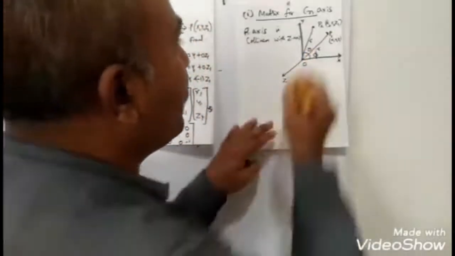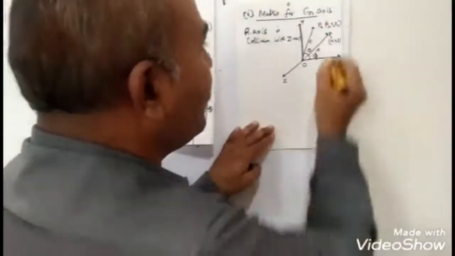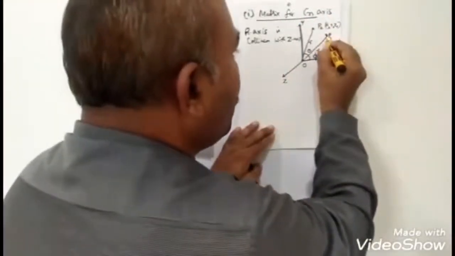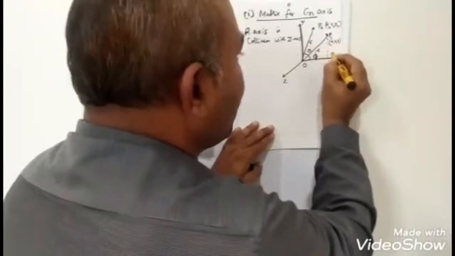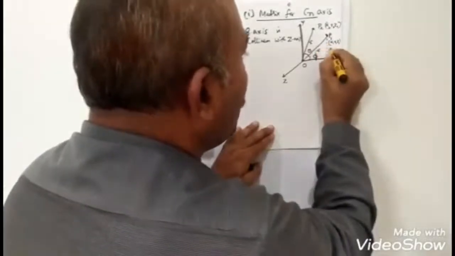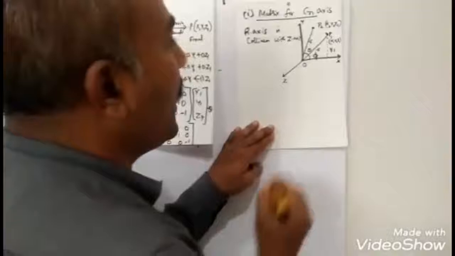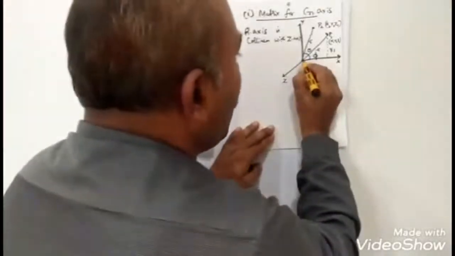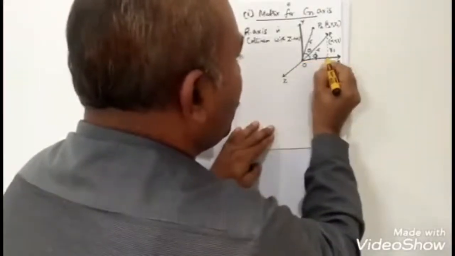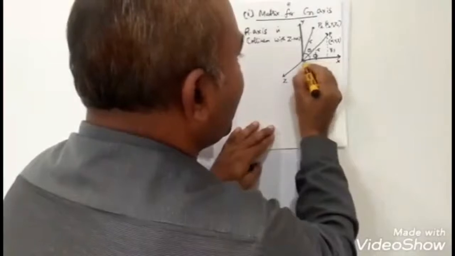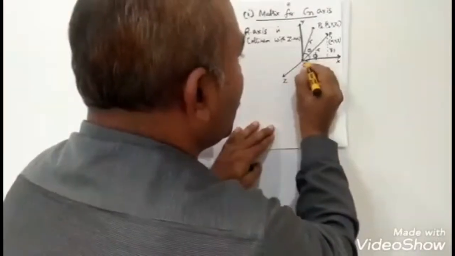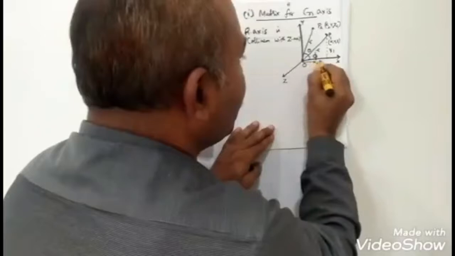The distance between the point P1 and the x-axis is taken as y1, and the distance between the origin and the point P1 along the x-axis is taken as x1.